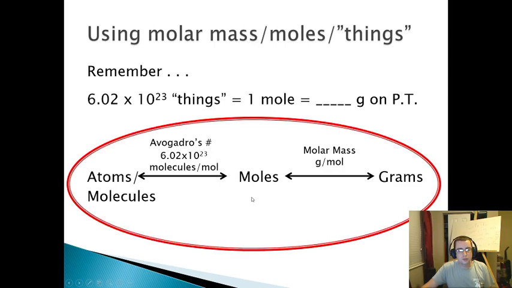If I'm trying to go from moles to atoms or molecules, I can do that, but I've got to use Avogadro's number. If I want to go from atoms or molecules all the way over to grams, I know that I have to go to moles first, so I have to do my train track from atoms, bring atoms back down, moles up top, and then I've got to go moles on bottom and then grams up top.